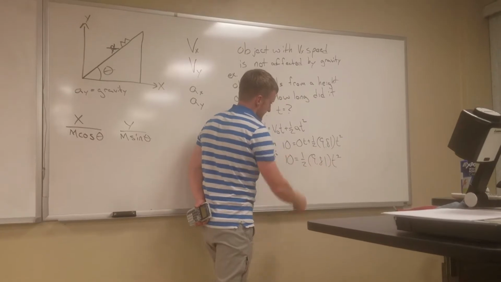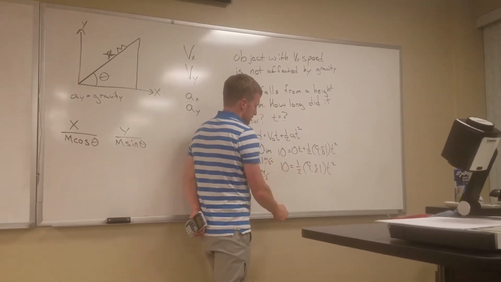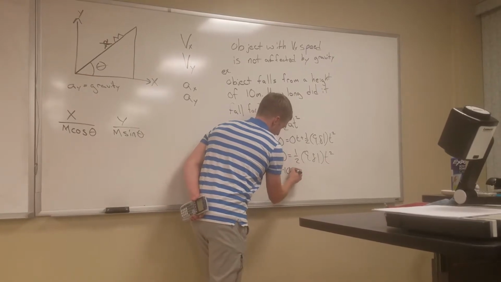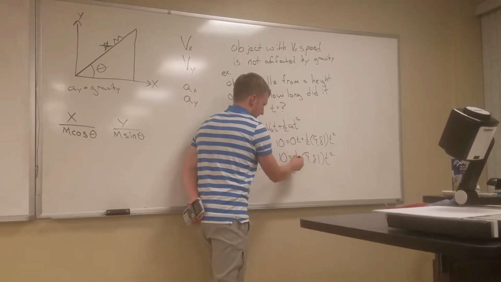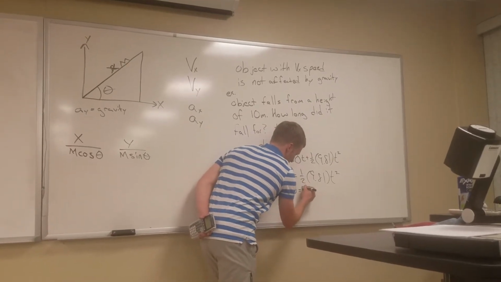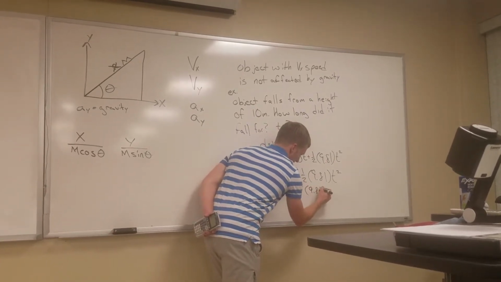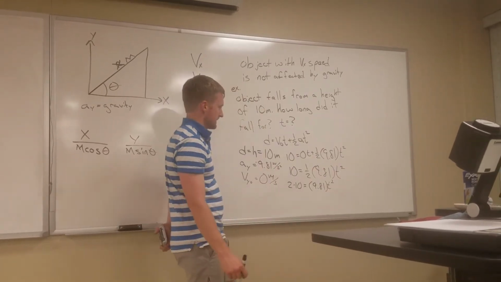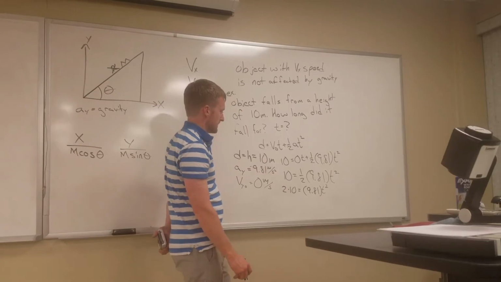How do we start getting time by itself? Well, we multiply 2 to both sides. 2 times 10 is equal to 2 times 1/2, which is just 1, so we end up with just 9.81 times t squared. All right, so what do we do next?